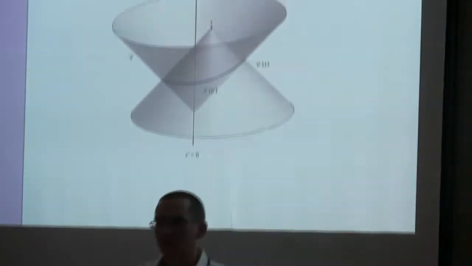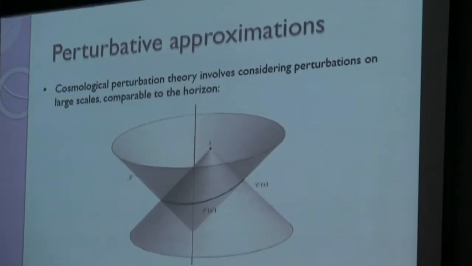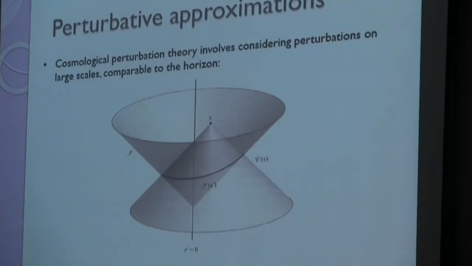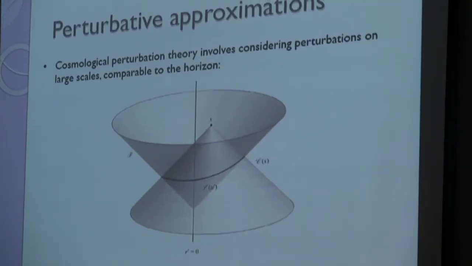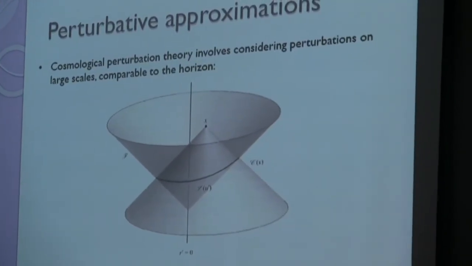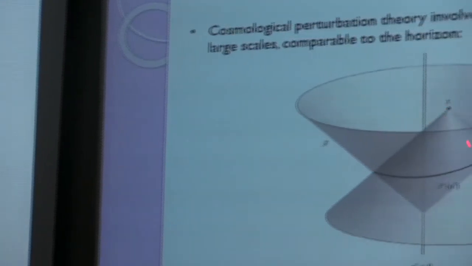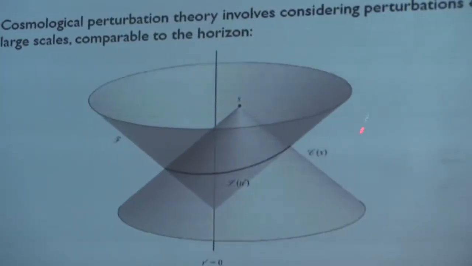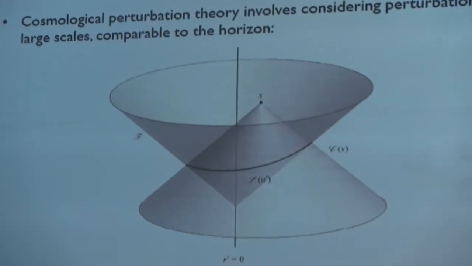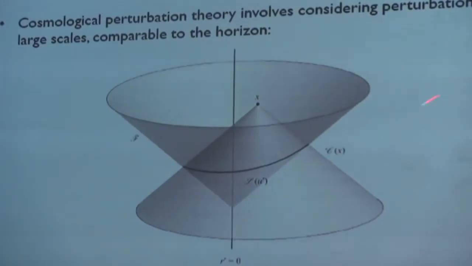So just to introduce why we need these two different types of expansions, let me try and illustrate it with this kind of conformal diagram. If you've got the past light cone of some event in space-time x here, and the future light cone of another one, if we're considering cosmology on horizon size scales, then we're considering regions of space that can contain both of these things.